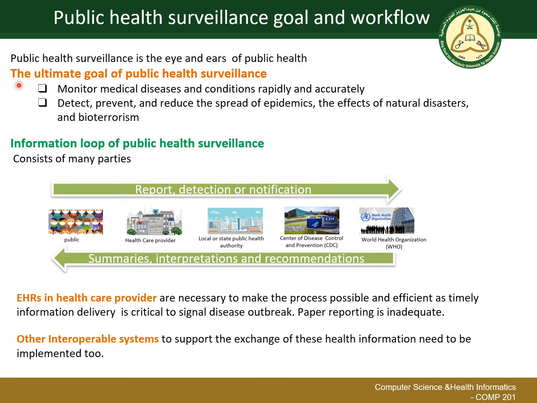The ultimate goal of public health surveillance is to monitor medical diseases and conditions rapidly and accurately, and to detect, prevent, and reduce the spread of epidemics, the effects of natural disasters such as volcanoes and earthquakes, and bioterrorism.